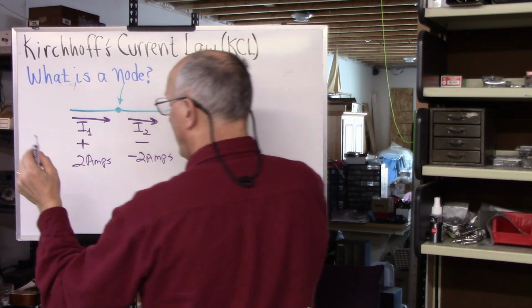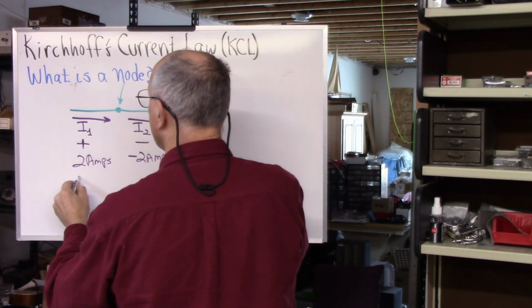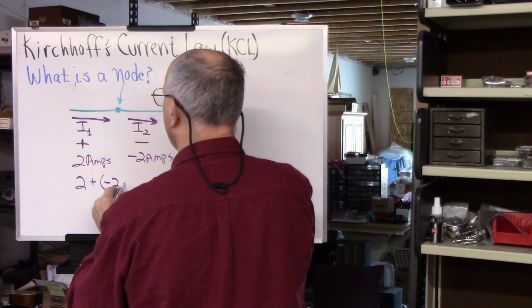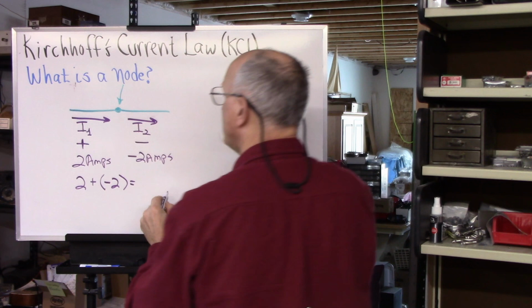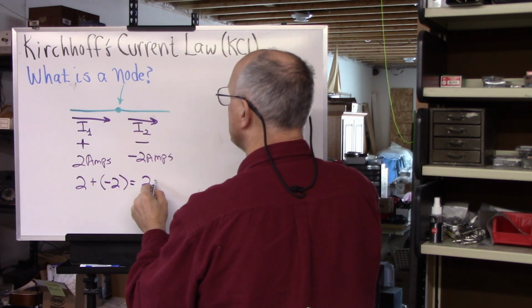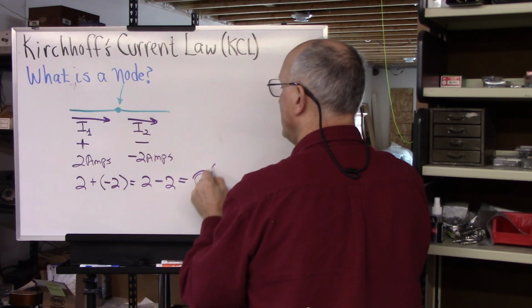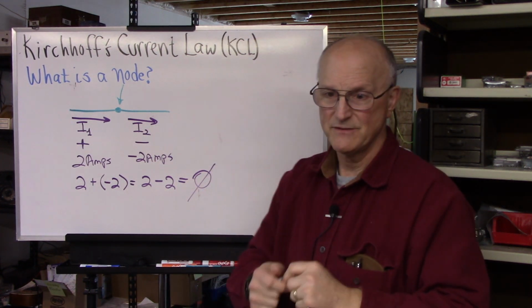And algebraic sum, so 2 amps plus a minus 2 amps is the same as 2 amps minus 2 amps, which, by the way, is a big fat 0.